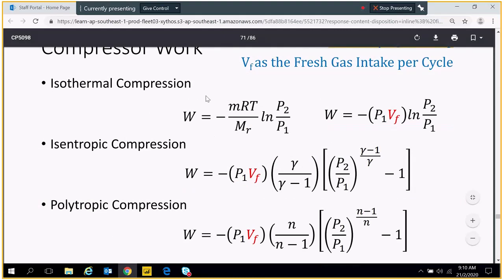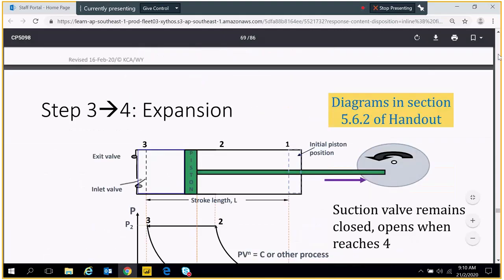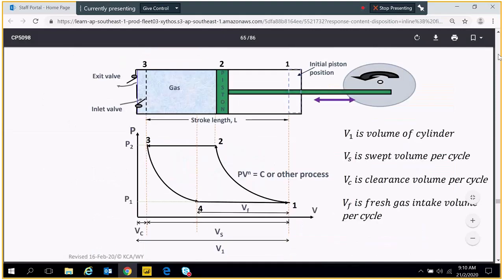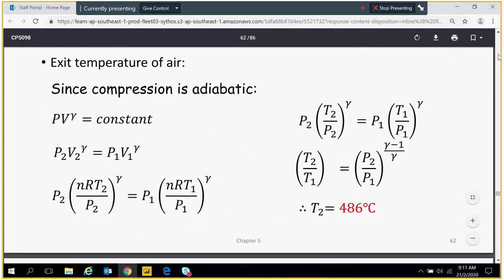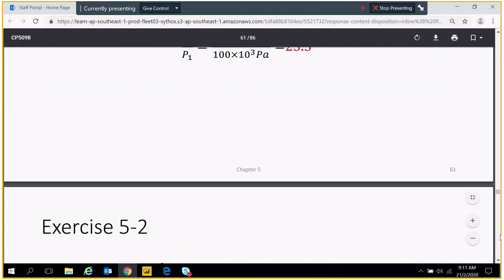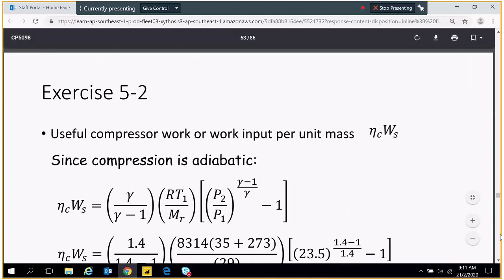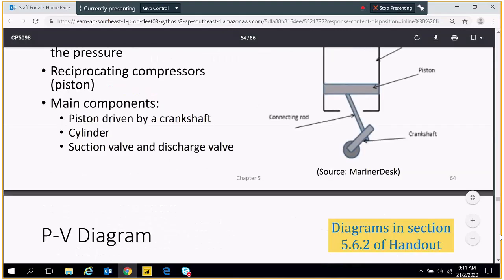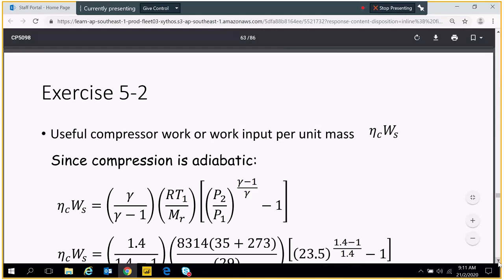Remember, this one is for the reciprocating compressor. This one here is for this type of compressor. Now this is, there's a workout example over here.